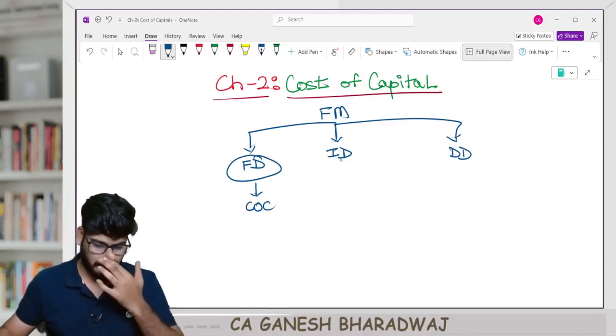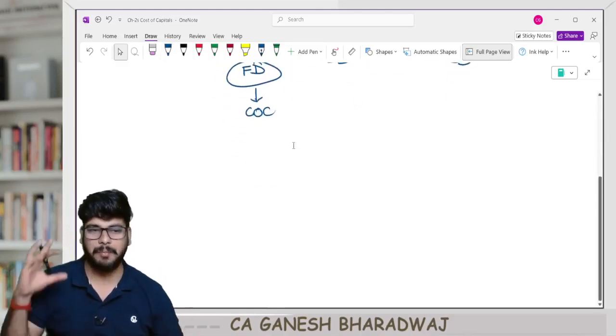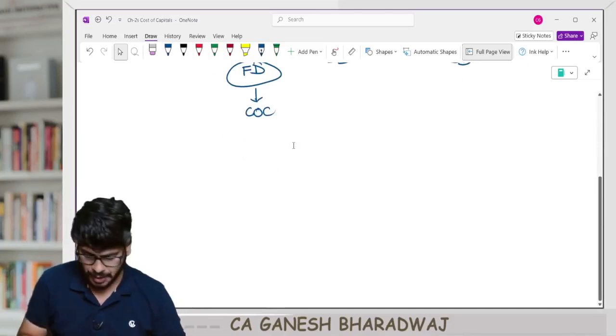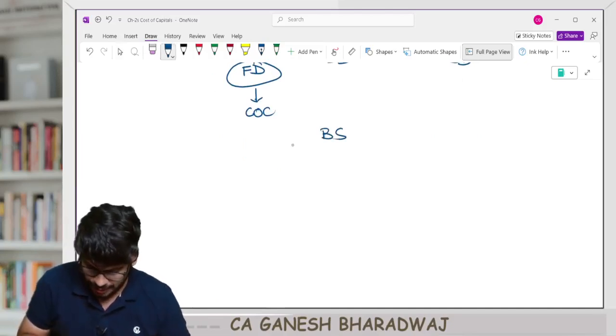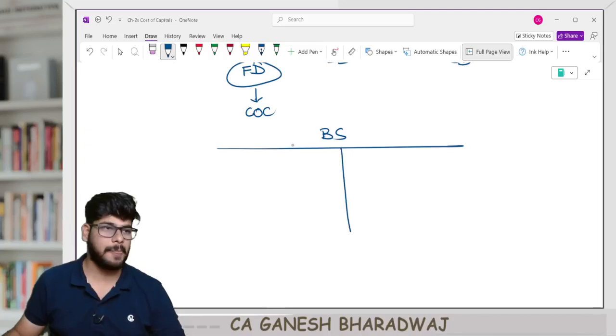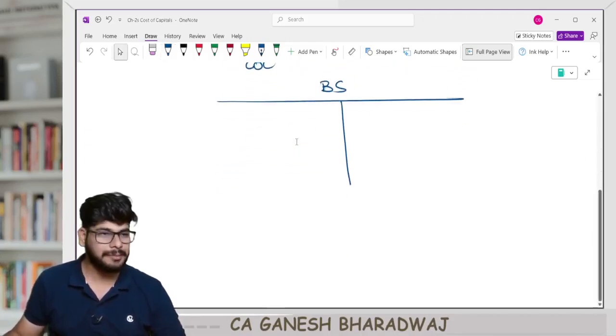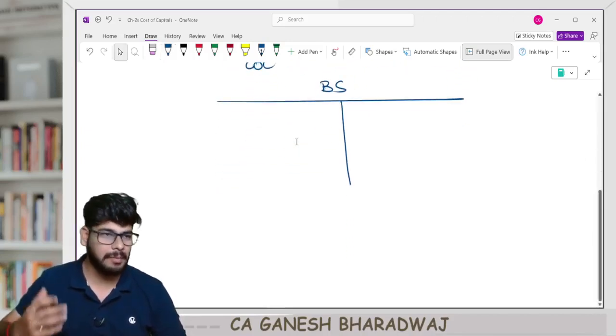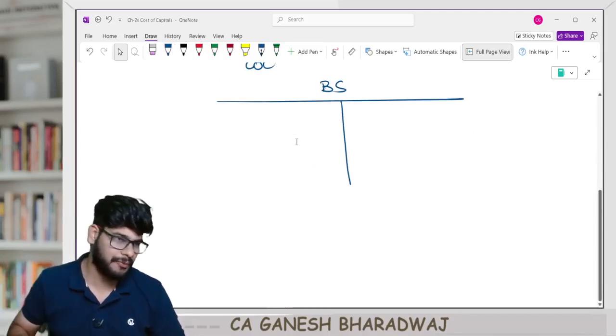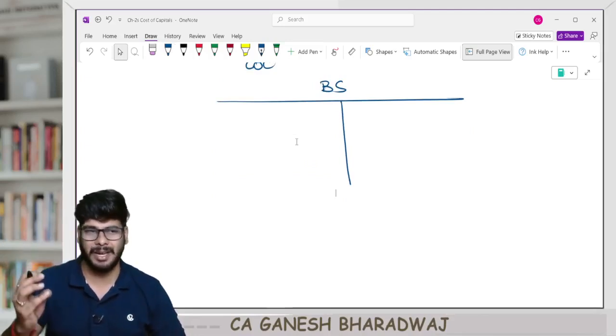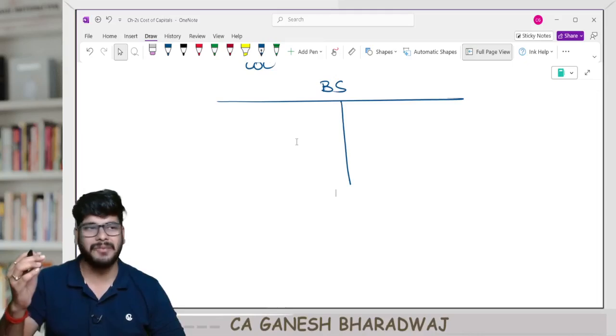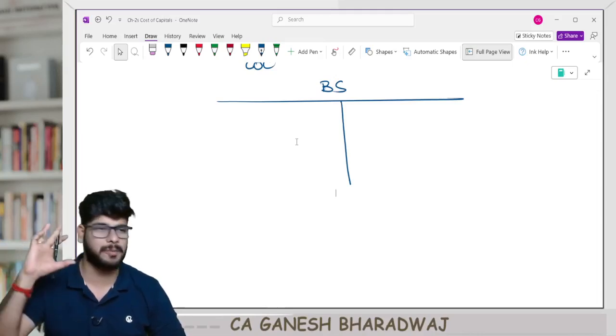Now, let me just give you a background example here. Let us say this is the balance sheet of the company. The company can raise money from different sources of finance, correct? When I say finance, capital, money, fund, these are all interchangeably usable words.